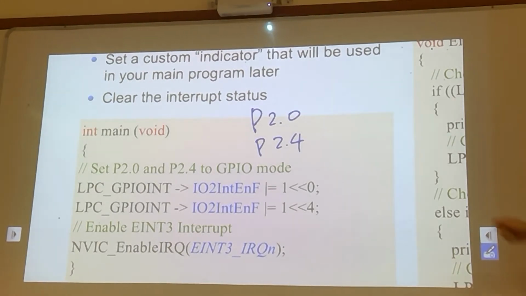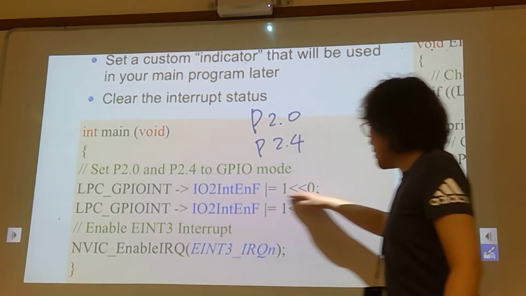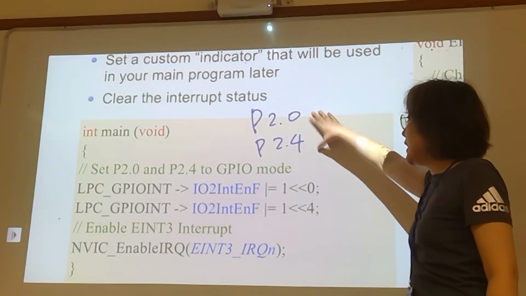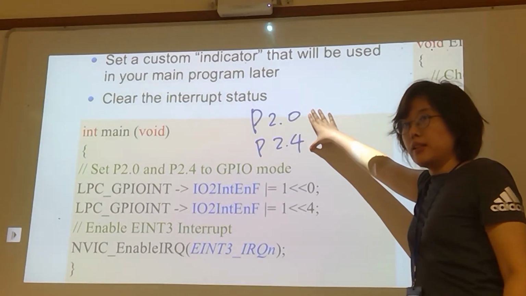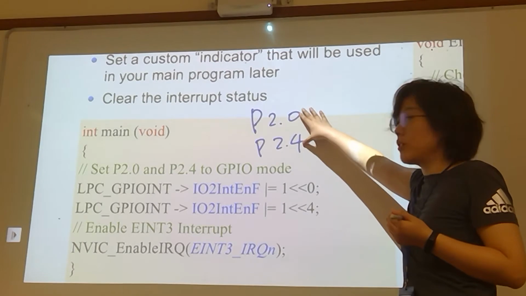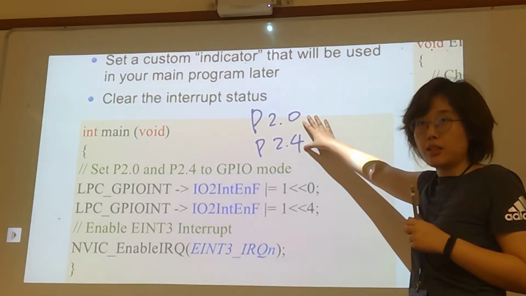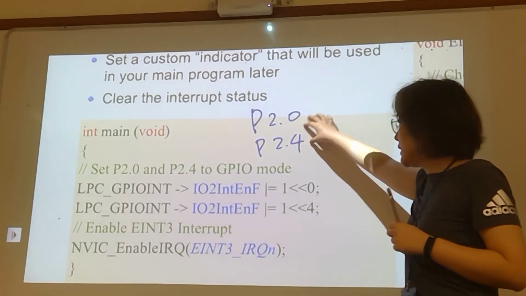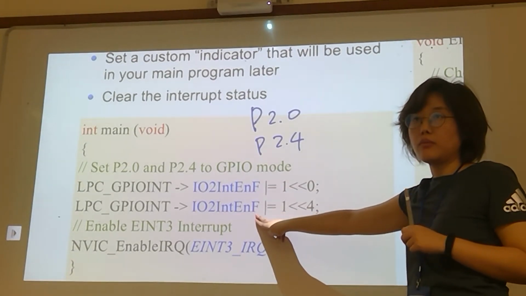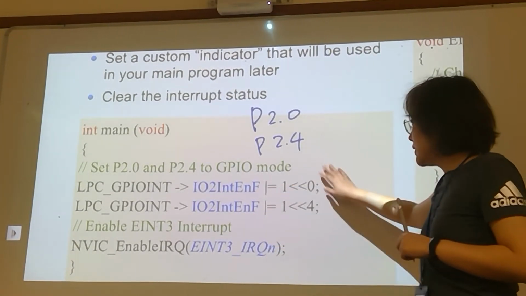So basically these two lines tell the processor that it should take the signal from these two pins as an interrupt, whatever signal comes from them, and you should sense the falling edge of it.